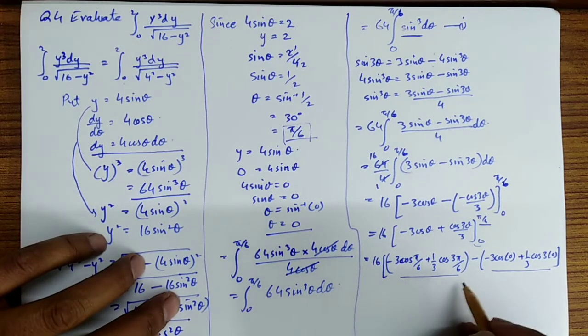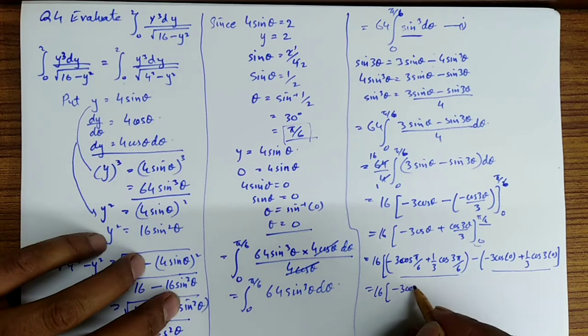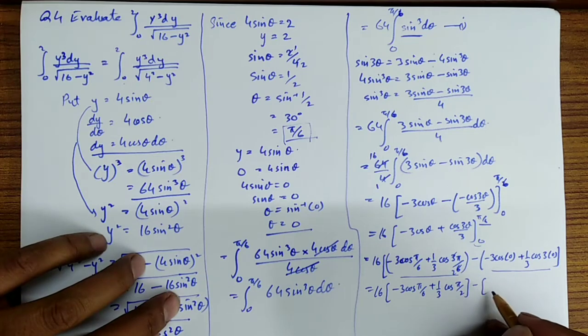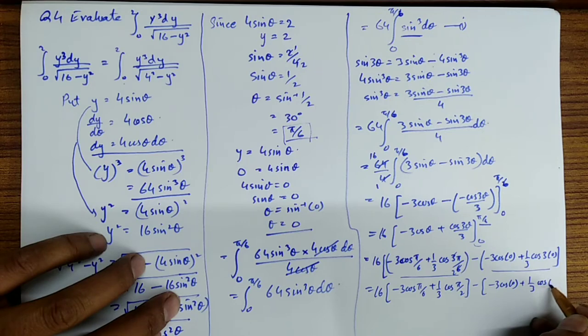Now by further simplifying this step, we will have minus 3 cos pi upon 6 plus 1 upon 3 cos 3 1s are 3, 3 2s are 6, that is pi upon 2, minus 3 cos 0 plus 1 upon 3 cos of 0. 3 multiplied by 0 is 0, right?